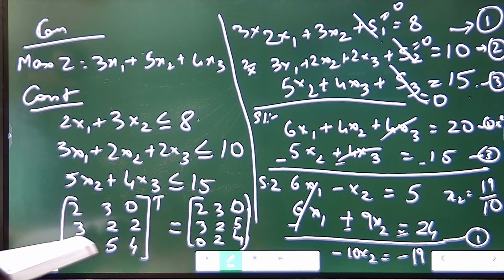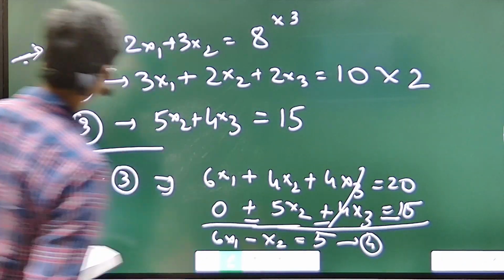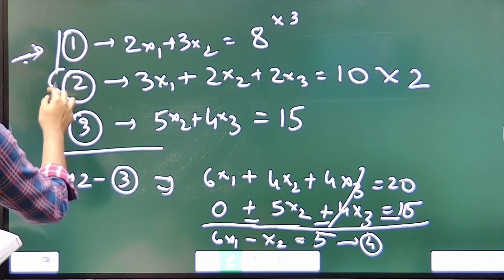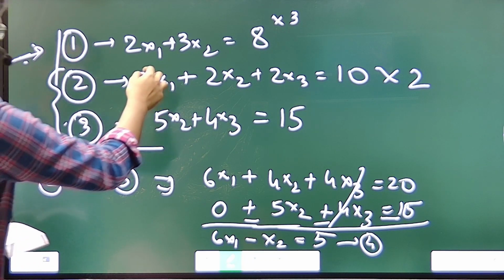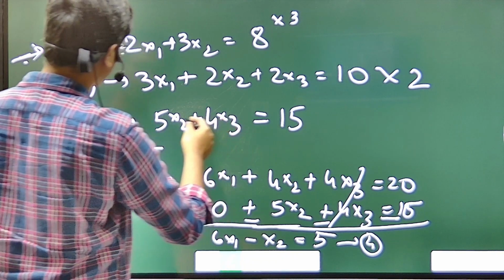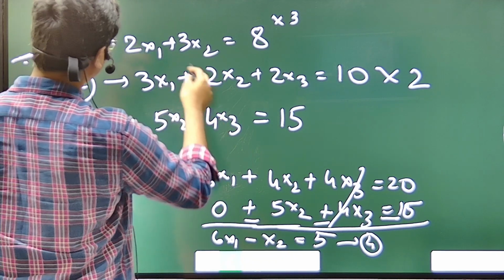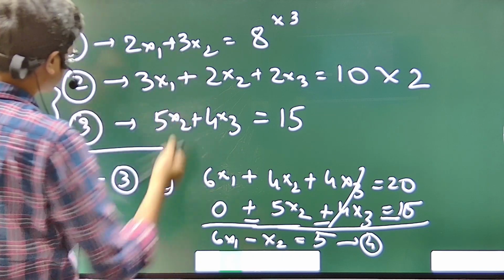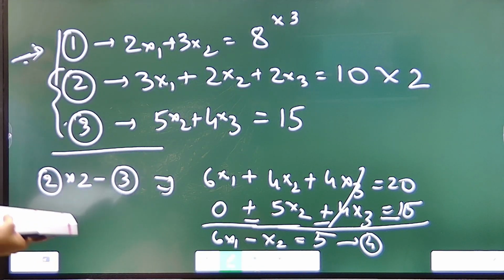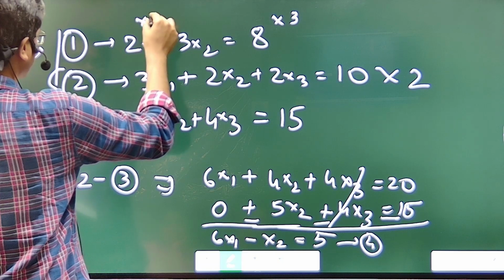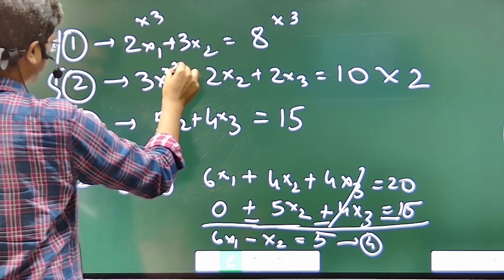Okay, you can do it any way. If you want, you can do it this way also. You can keep these two, and so you have x1, x2 here, right? You can solve for these two also and eliminate x1. In this case, if I solve for these two, I have to multiply this 3 times and multiply this 2 times.